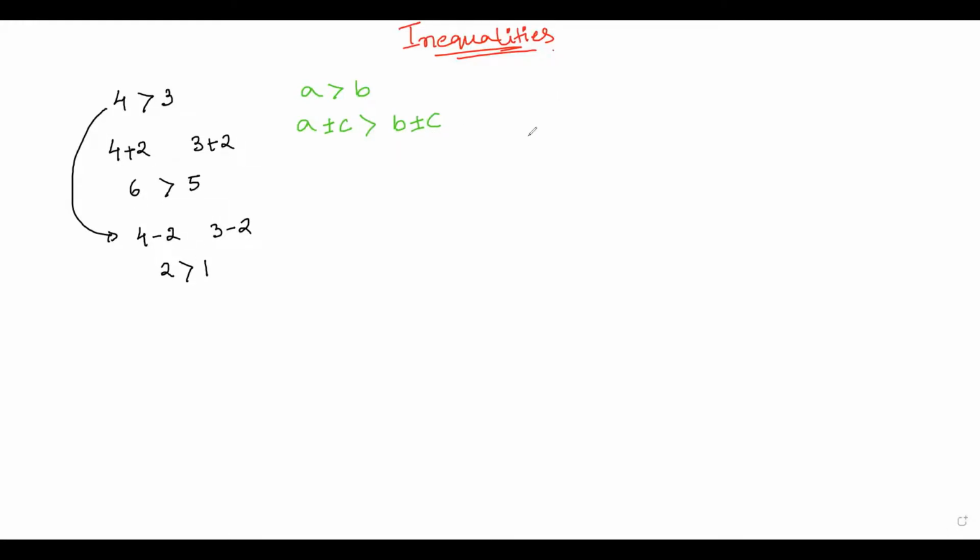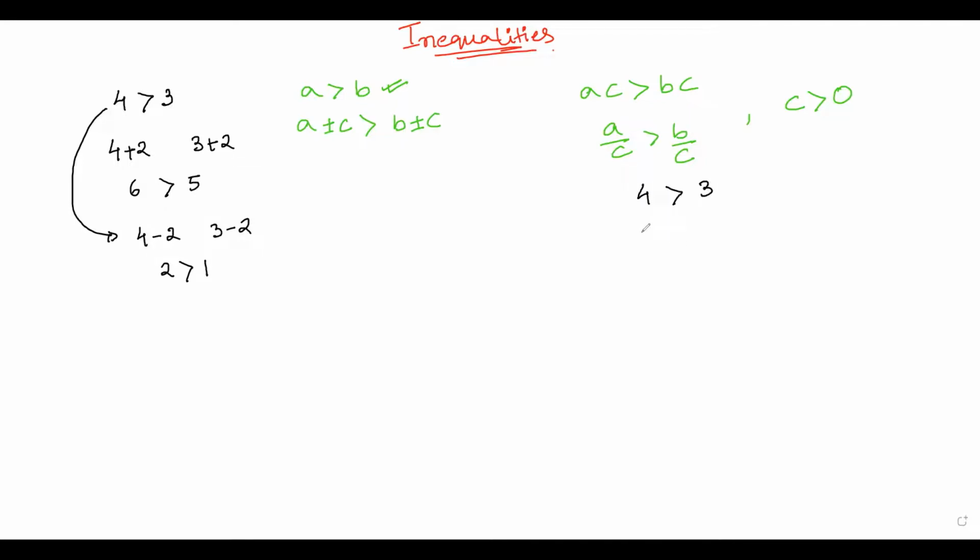In a similar way, if you are multiplying or dividing this inequality by a positive number c, in that case, ac would also be greater than bc and a by c will also be greater than b by c, where c is a positive number, that is c is greater than 0. Let us take the same example. We know 4 is greater than 3.